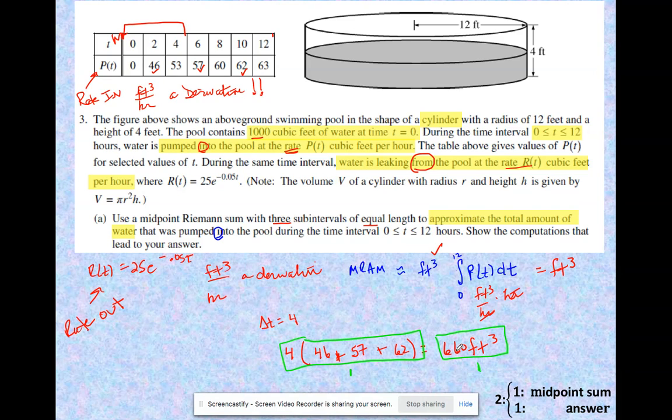But as long as this value matched and followed from your work to the left, and you had your units, you'd be awarded this 1 point, and they would call that a follow-through point, right? That's if you made a mistake, they could see here. All right, part A, done. Using integration on a derivative to get cubic feet when the only information I was given was cubic feet per hour.